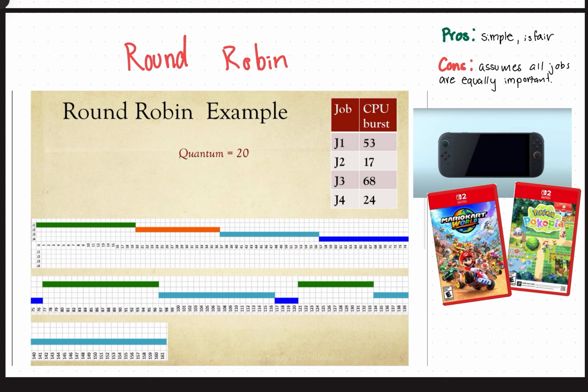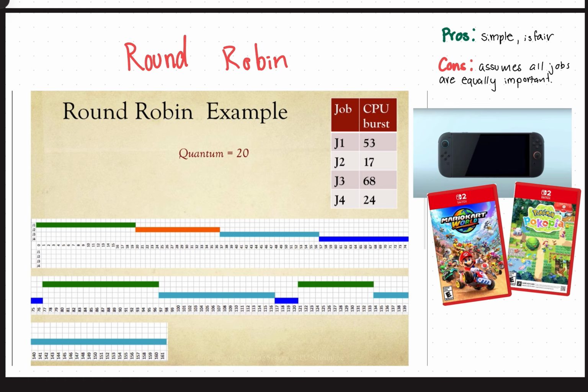So for my example, let's say me and my boyfriend went and split a Switch 2 cost down the middle, and we each bought our own games. We would each want equal time to finish our games, as we both put our money into it. So very similar to that, we're going to make sure that each process gets its own equal amount of time to finish its whole run through.